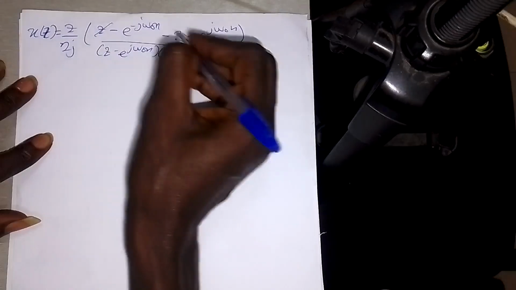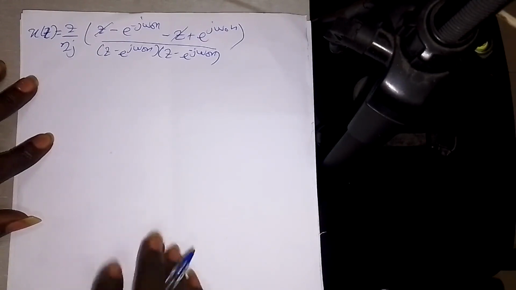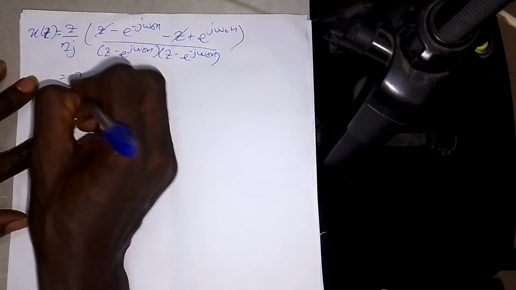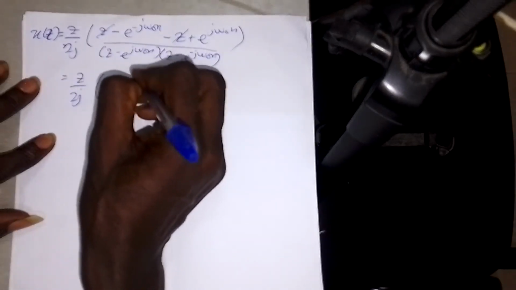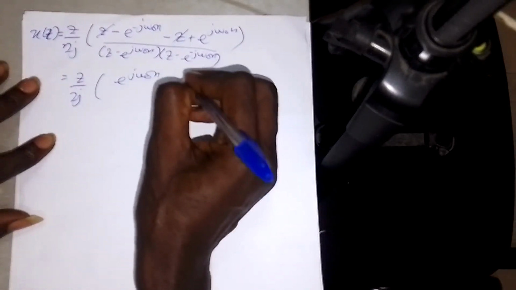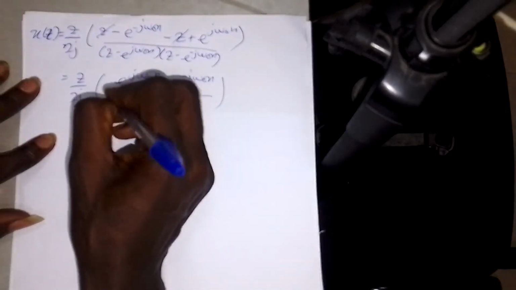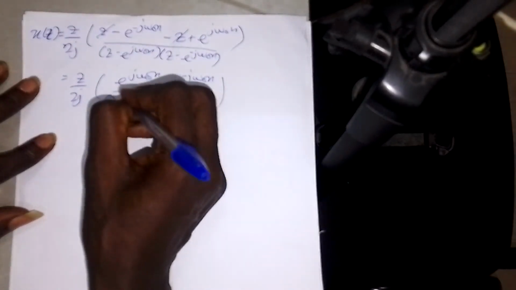So now this one will actually cancel this one. Okay, and then what will I have? I'll be left with Z over 2j into e^(jω₀n) minus e^(-jω₀n), over Z squared.